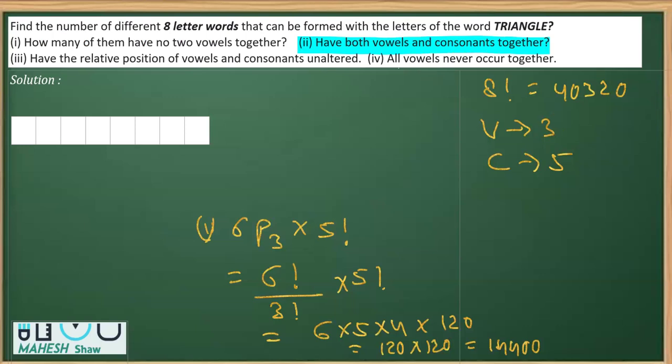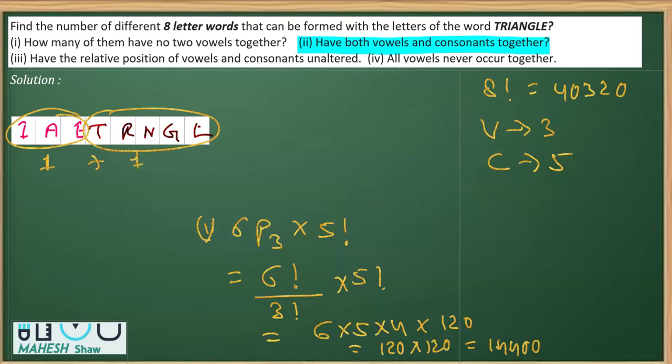The vowels are I, A, E, and the consonants are T, R, N, G, and L. Since the vowels are together, they will be taken as a single object, and the consonants as another object.